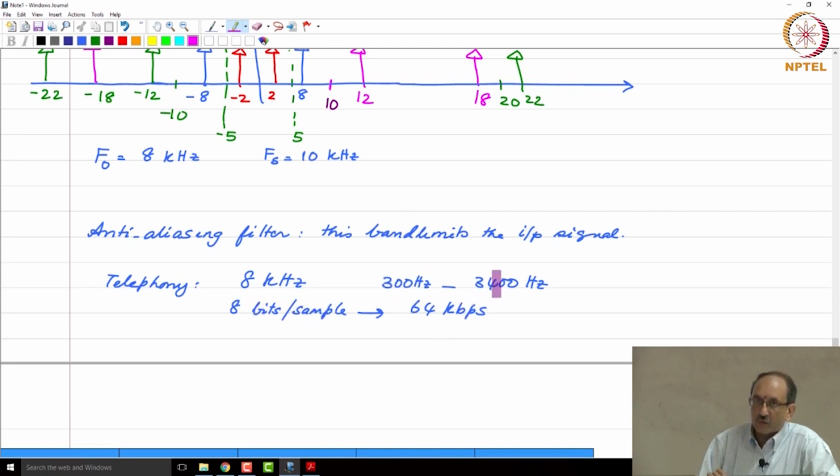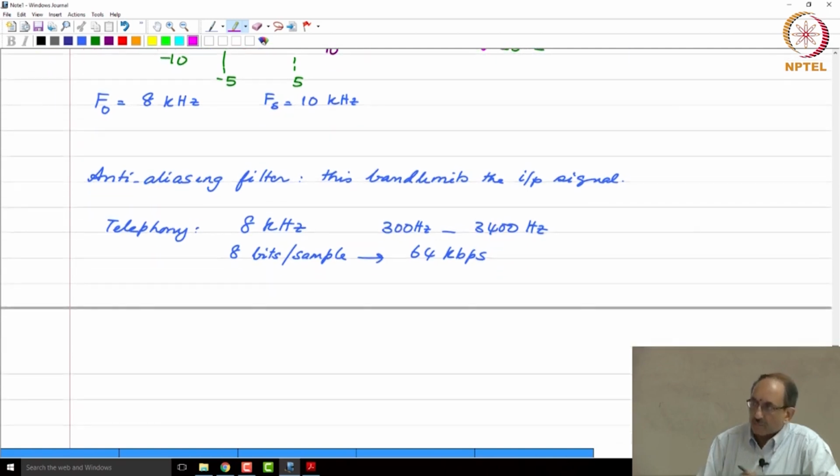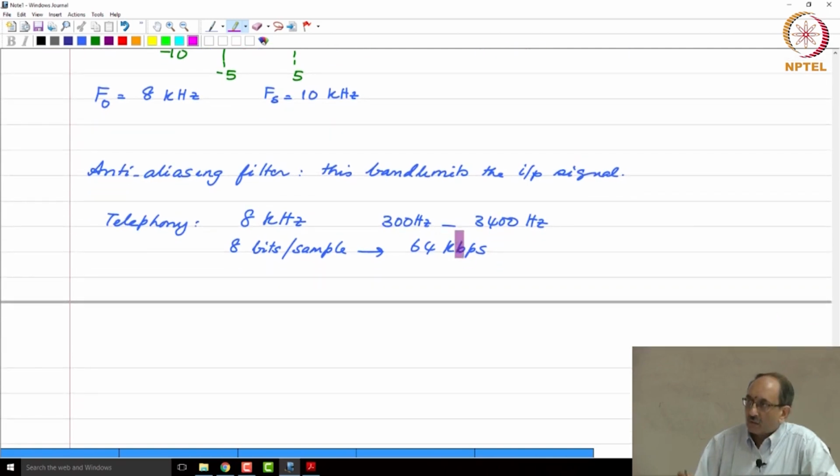300 to 3.4 kilohertz. And this is the reason why you will have trouble listening or distinguishing between S and F, because the distinguishing features of these sounds lay mainly in the higher frequency part of the spectrum. Because of this anti-aliasing filter that got knocked off, that is why people will say S as in Sam, F as in father, right?